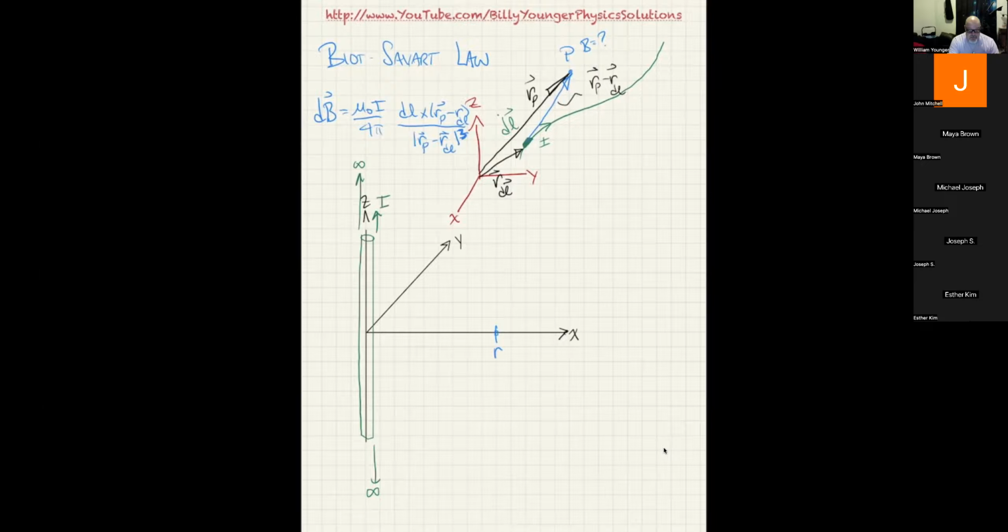Now, by symmetry of this, I could rotate this iPad all around, and everywhere I go, you could say that's an x-axis. In which case, what you're realizing here is that the actual magnetic field that we're going to get, dB, if you actually work out the cross product and stuff, is actually pointing in the j hat direction.